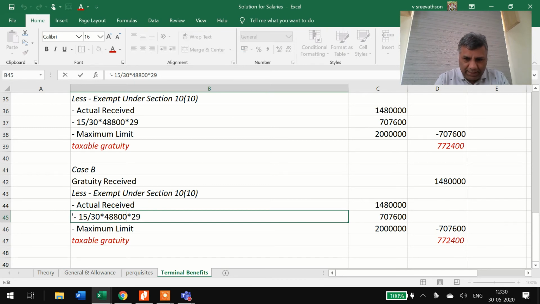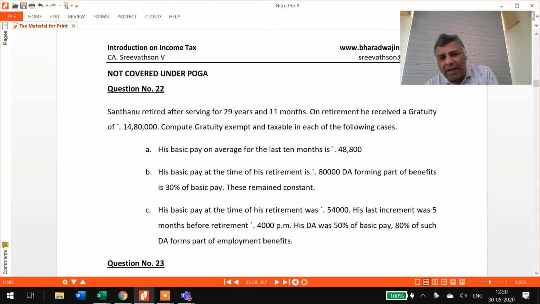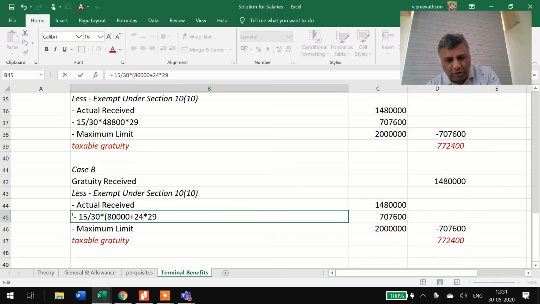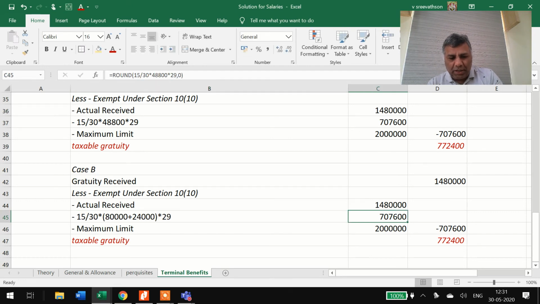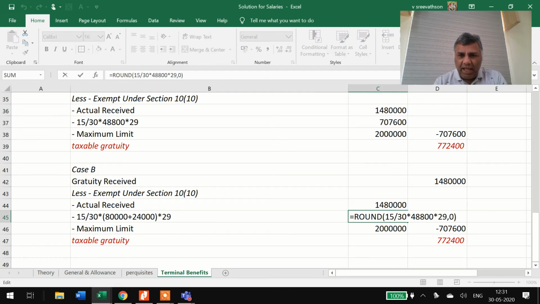So, my dear friends, 15 by 30 into 80,000 basic pay plus 30% of 80,000. 30% of 80,000, 24,000, is the DA forming part.